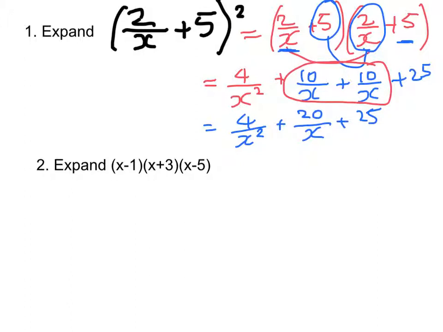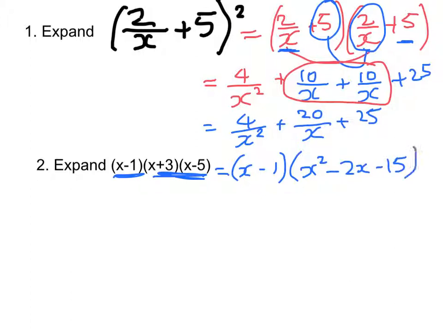Next one, expanding this expression, which you should recognise is going to turn out to be a cubic. As I said in class, I usually will do the first term times the back end quadratic, which is x squared minus 2x minus 15, unless you see a nice pattern coming from two of the factors, in which case I'd expand those first.